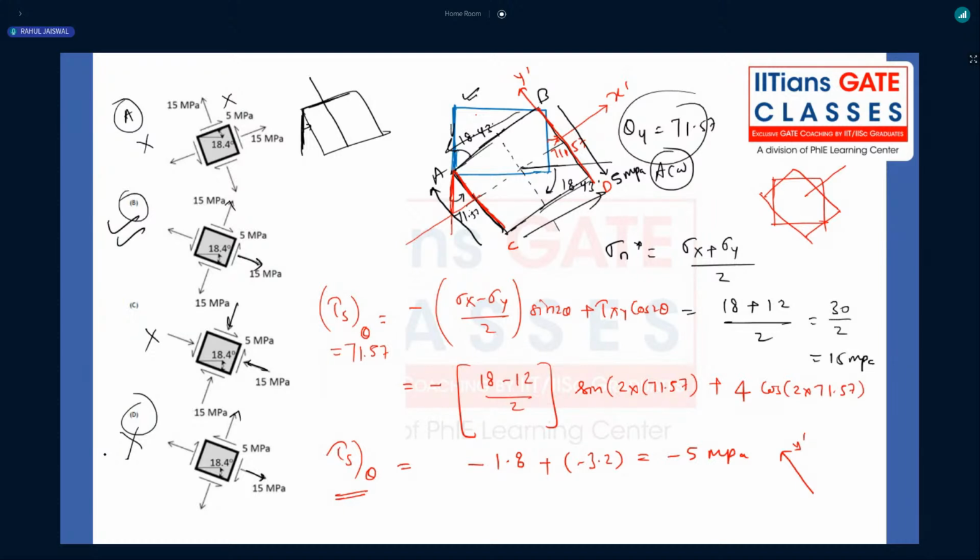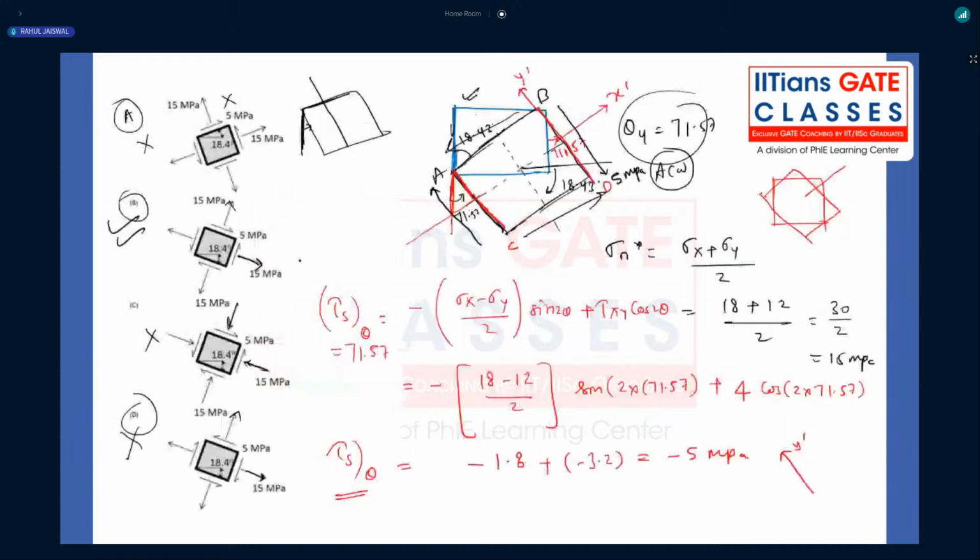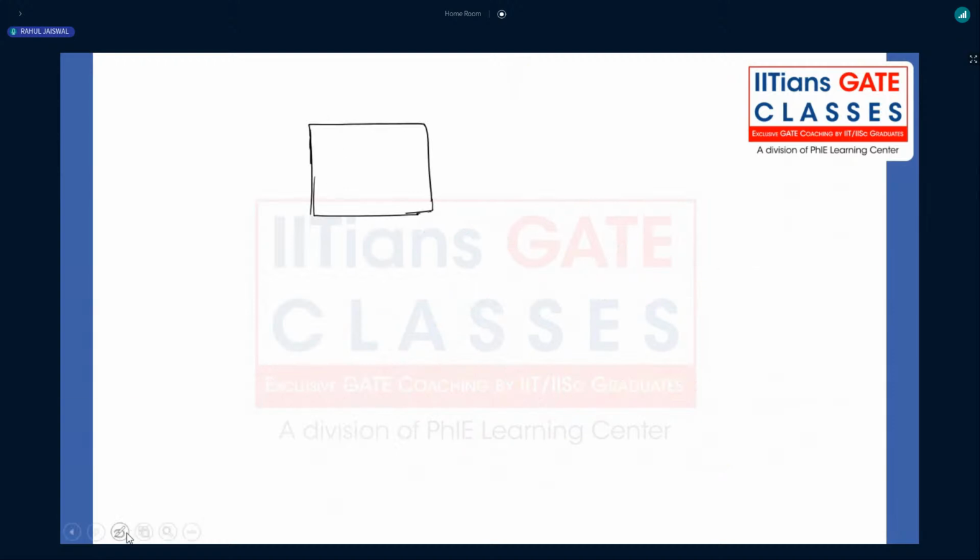Tau s theta, that is what? Now, once again, let me clarify that. Some of you might be thinking, sir, you have calculated for that particular theta, but not for a particular angle, this one, right? For AB, I want to know, sir, how we are getting the angles. For that, let me show the calculations. Here you get this plane, like this, you are getting the planes, right?